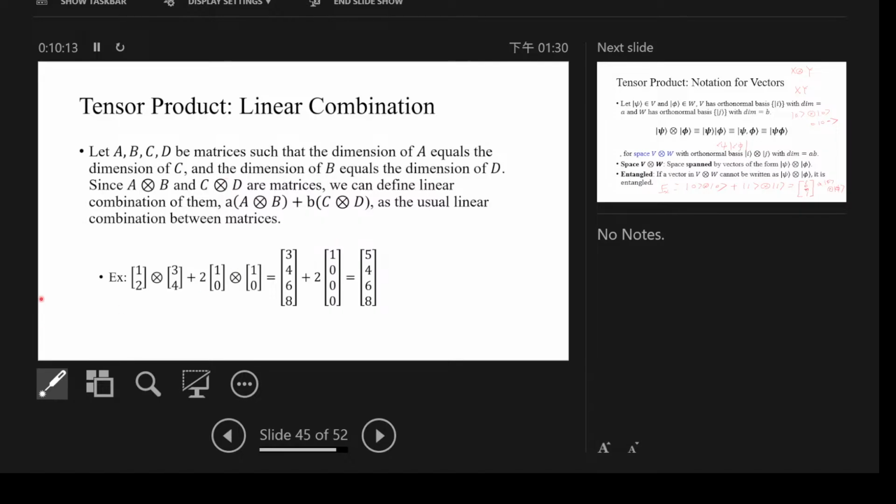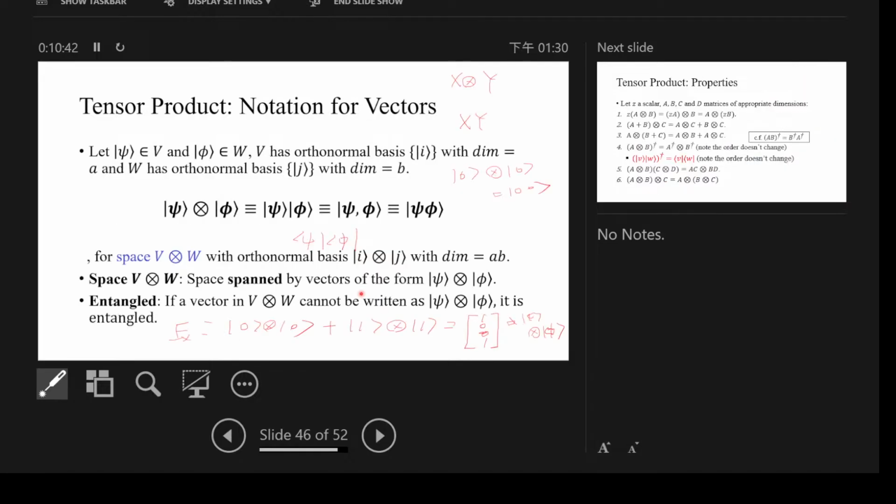So you can have some A tensor B plus some C tensor D. For example, if both of them are vectors, you can have 1, 2 and 3, 4 tensor together, added with this 1, 0 and 1, 0 tensor together. If those are vectors, then this will be two huge vectors, and you can add them together to get a huge vector. Okay. And then we stop here this time.